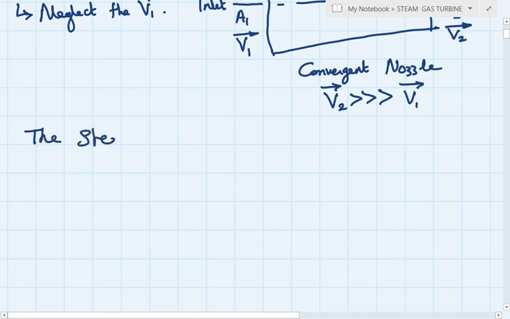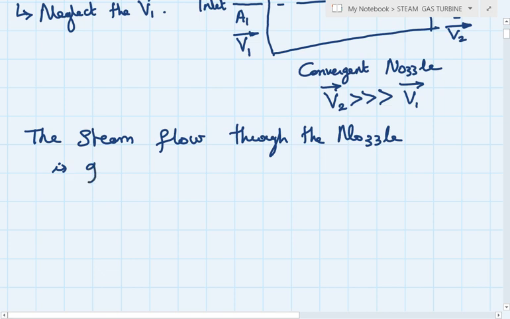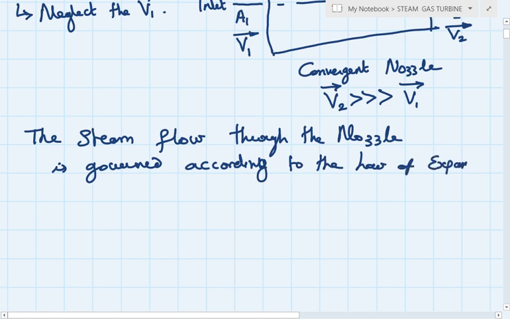The steam flow through the nozzle is governed according to the law of expansion.